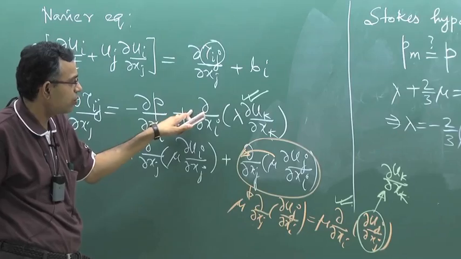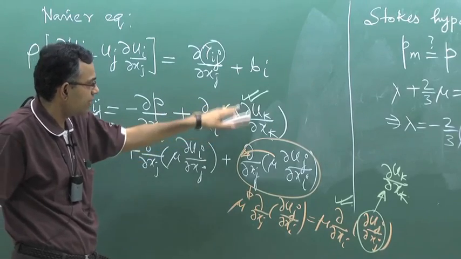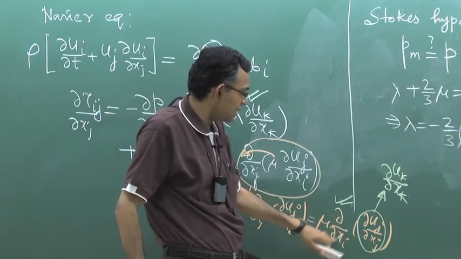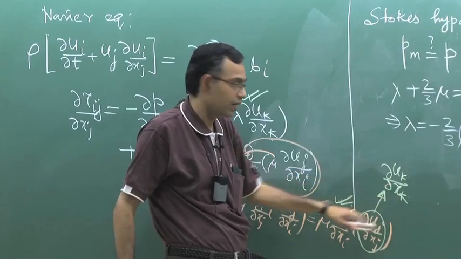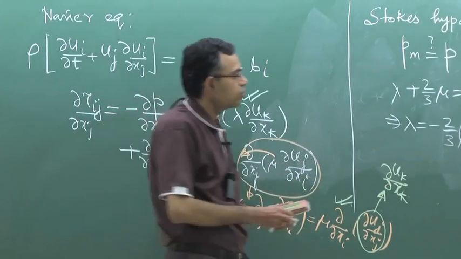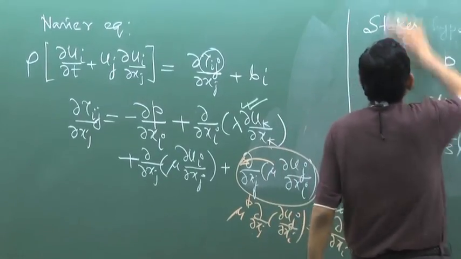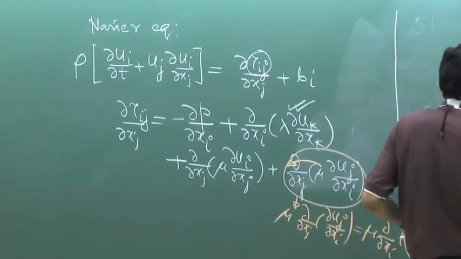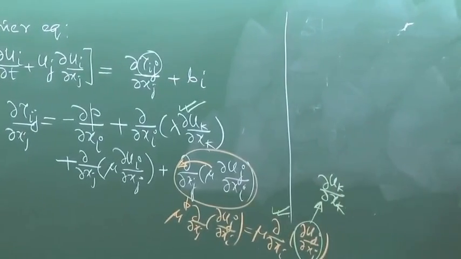So, you take lambda out of this. So, del xi of del uk del xk plus del xi of del uk del xk. Here the coefficient is lambda and here the coefficient is mu. So, with this we can write the next step.